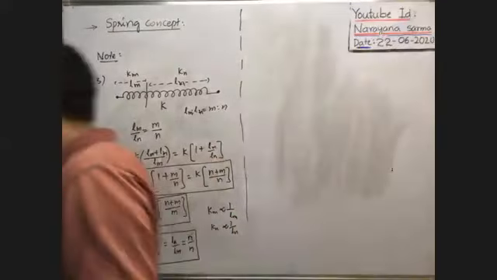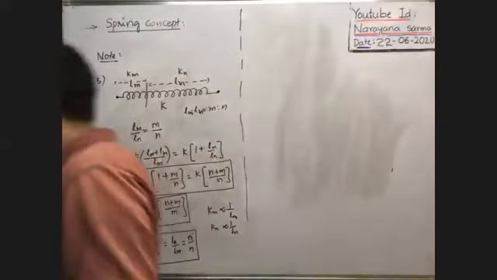Suppose in this combination of two springs in series, you apply the force F. Because of this external force, whatever extension takes place in the spring, suppose this point A displaces up to this B. This is the total extension in the spring.